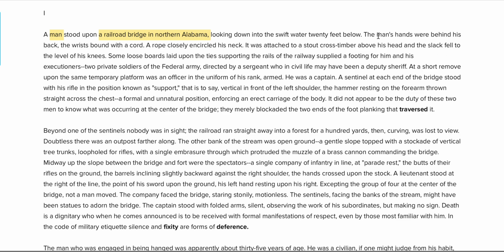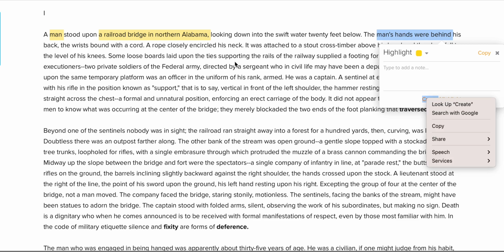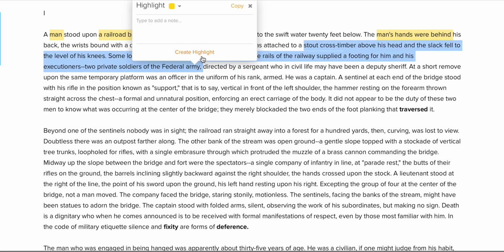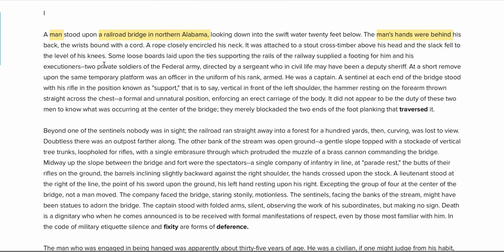As you can see from the description given, and it's a vivid description, the man's hands were behind his back, then the rope closely encircled his neck, and we have 2 private soldiers attending the situation.